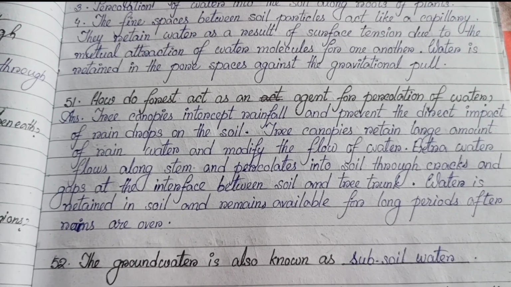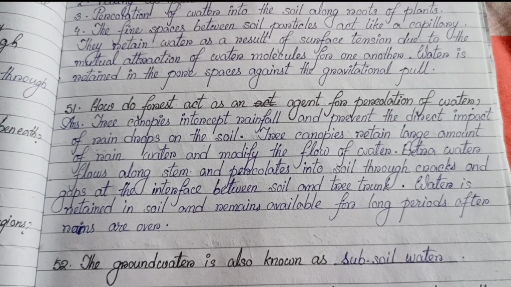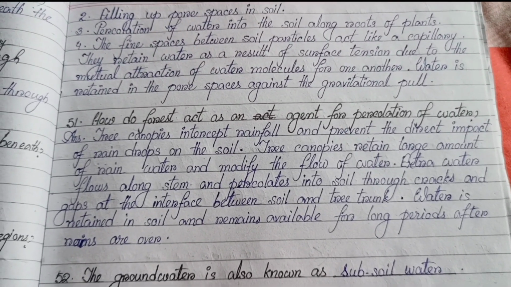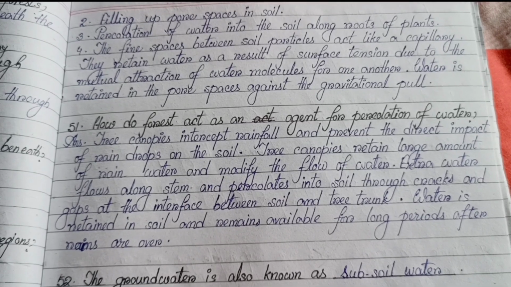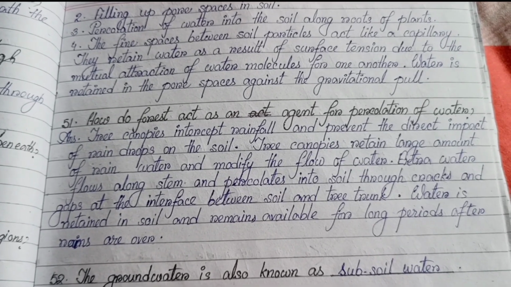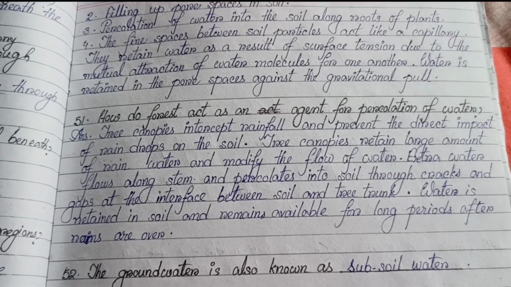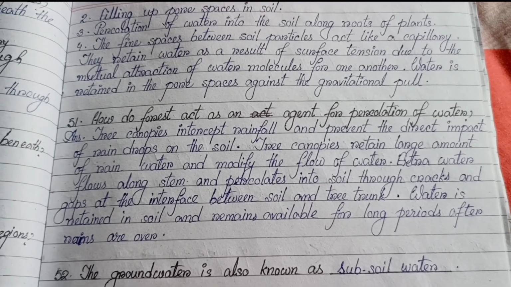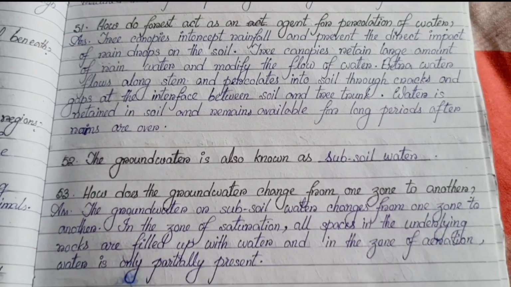Tree canopies retain a large amount of rainwater and modify the flow of water. Extra water flows along the stem and percolates into the soil through cracks and gaps at the interface between soil and tree trunk. Water is retained in the soil and remains available for long periods after the rains are over.